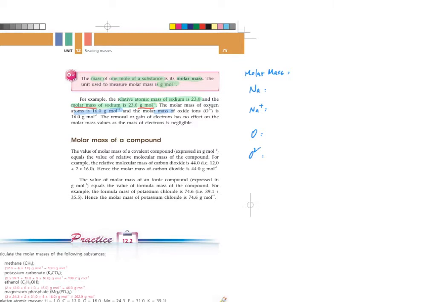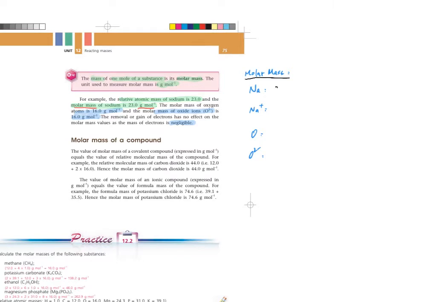But the molar mass of oxide ion O2- is still 16 gram per mole because the oxide ion just gains 2 electrons compared to the atom. But you know the mass of electrons is really small, so we can neglect it.